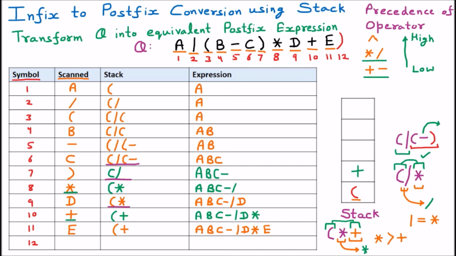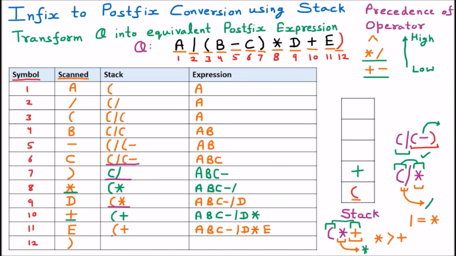Now at the last we have the 12th symbol, which is the closing bracket. Whenever the closing bracket is encountered, we know that we have to solve this. We have to solve the expression back to the previous bracket.